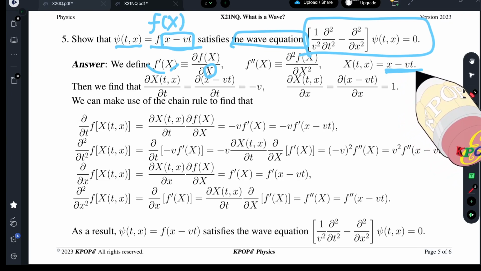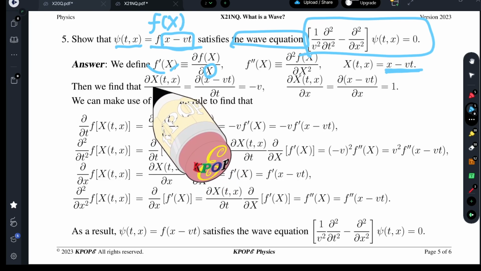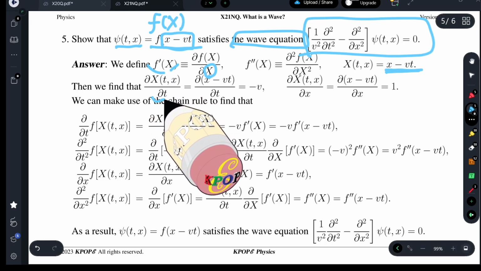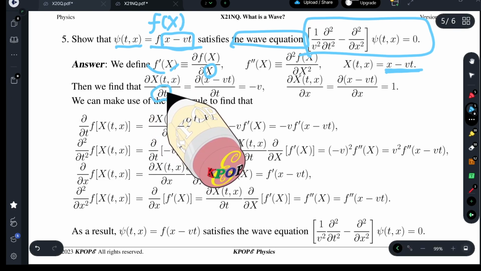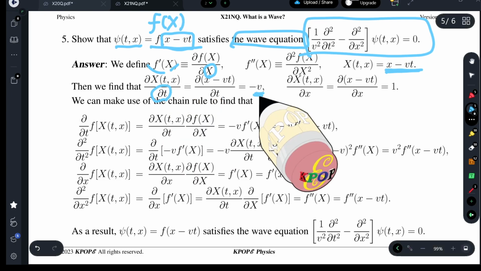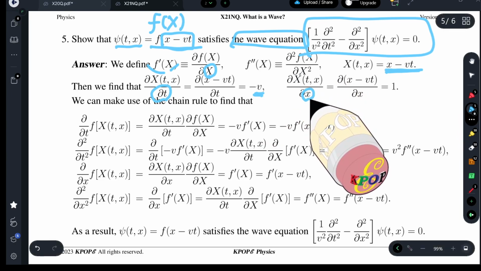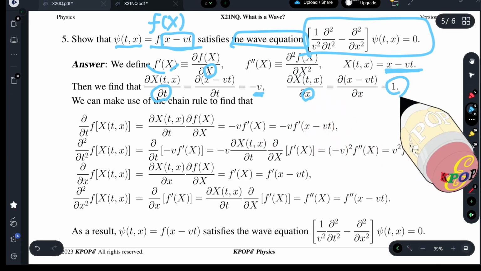We make use of the chain rule to find that the partial derivative of capital X with respect to t is minus v. The partial derivative of capital X with respect to x is 1.